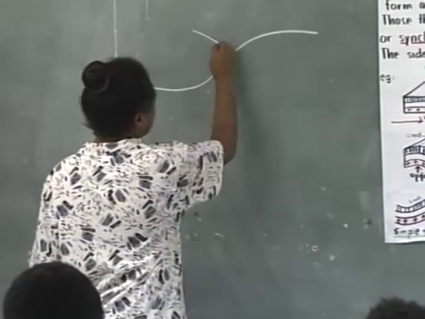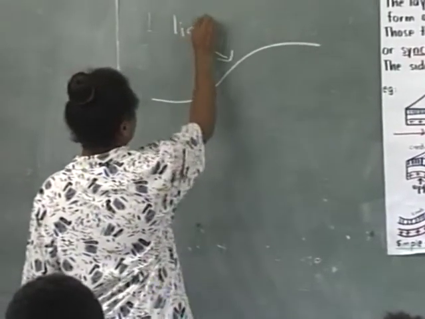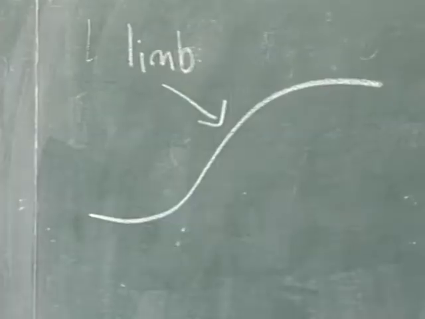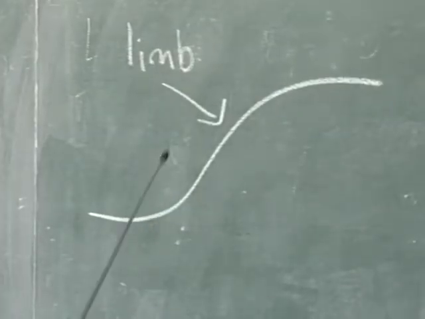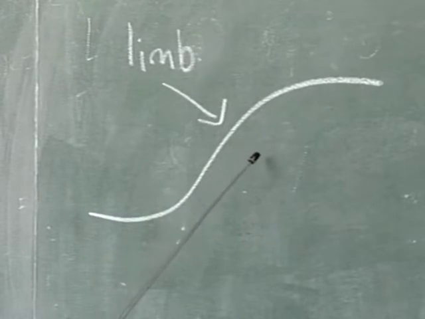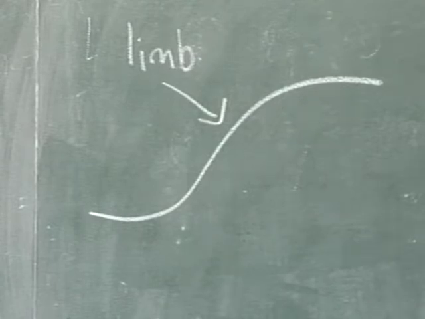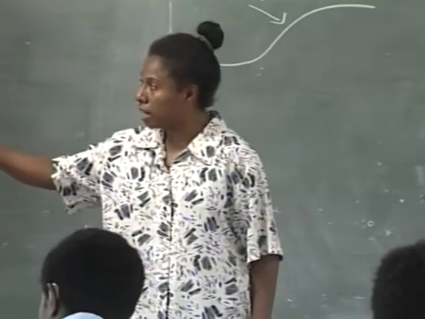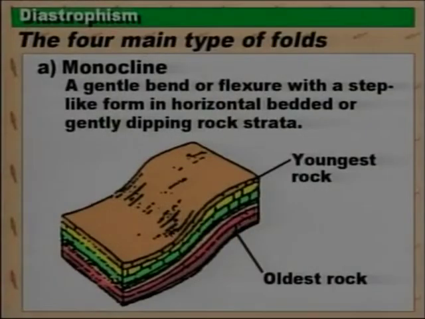If I had to construct a one-dimensional diagram to show that feature, then a monocline would look something like this. When I talk about a limb, I'm looking at the slope or the side of that feature. And there's only one limb that a monocline has, and that is the reason why it is known as a monocline, mono meaning one. And that's the one limb that that feature has.